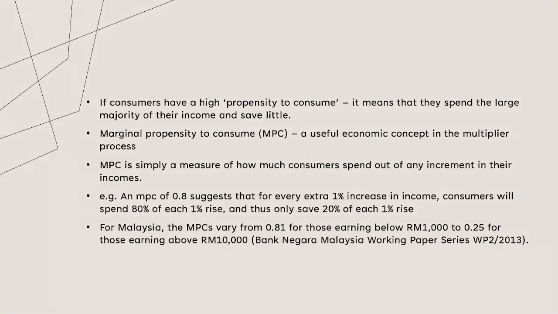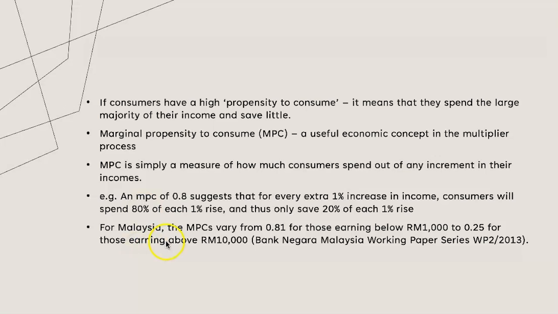The consumption is RM 0.4. And another example here, an MPC of 0.8 suggests that for every 1% increase in income, consumers will spend 80% of each 1% raise, and thus only save 20% of each 1% raise.